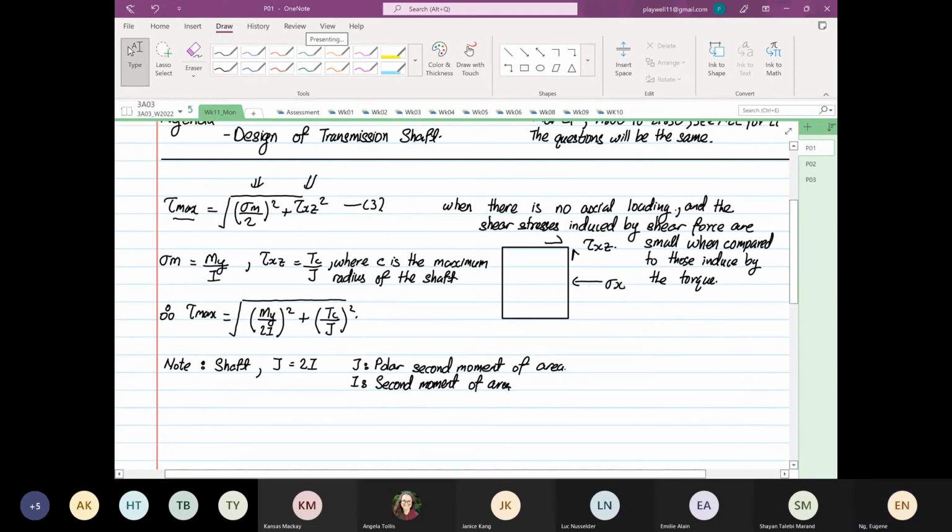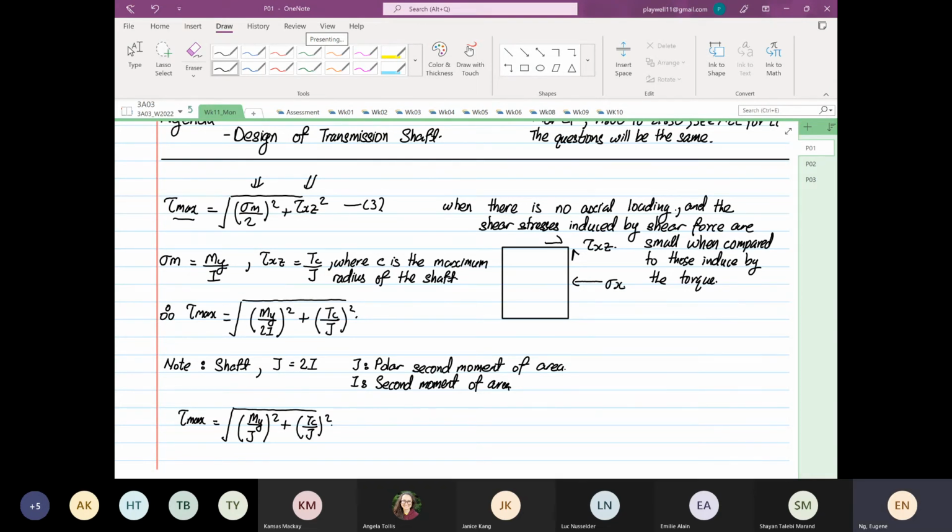So knowing that, we can replace the entire equation: tau max is equal to the square root of (My over J) squared plus (Tc over J) squared.